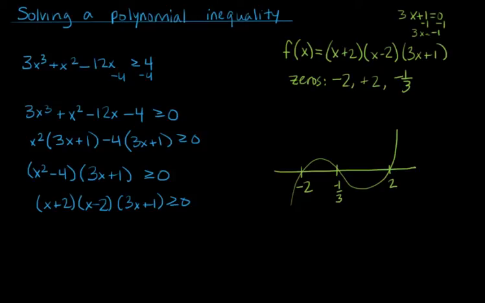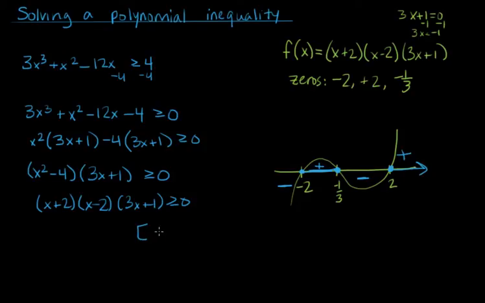Here it's negative, here it's positive, here it's negative, and here it's positive. So where is it greater than or equal to 0? It's greater than or equal to 0 from -2 all the way up through -1/3, and then from 2 to infinity.